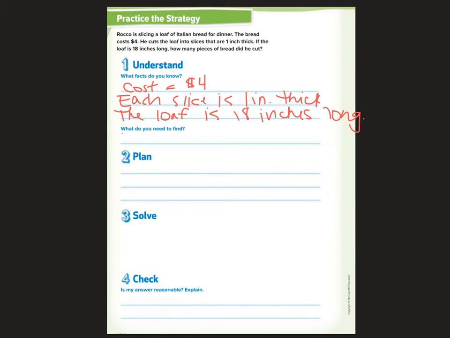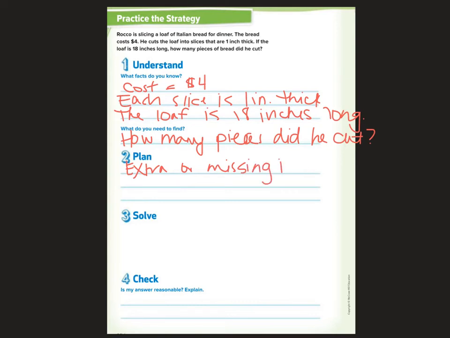The question was asking us, how many pieces did he cut? That's what we need to find. Okay, so I need to determine if there is extra or missing information.